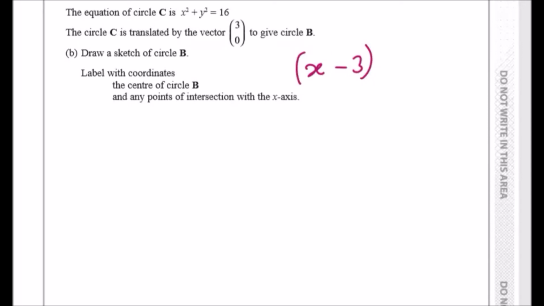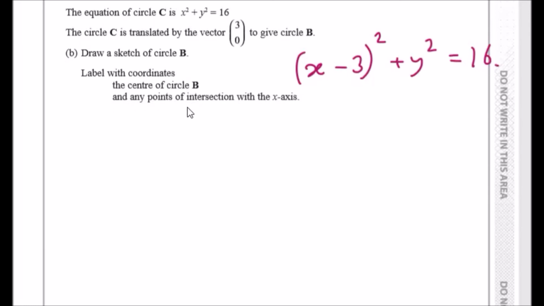So change x squared to (x minus 3) squared, and y squared doesn't change. And the radius squared is still 16 because it's still the same circle. It's only moving, so the radius will be the same.